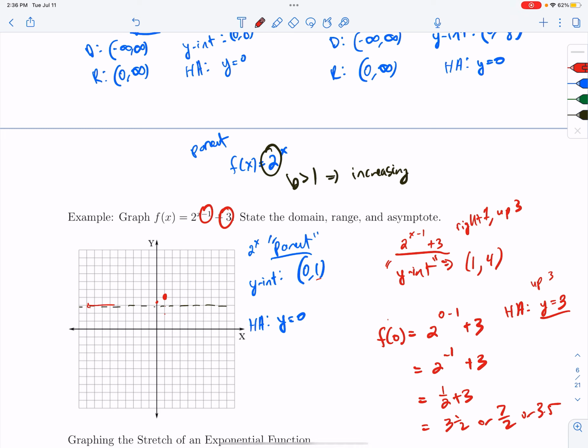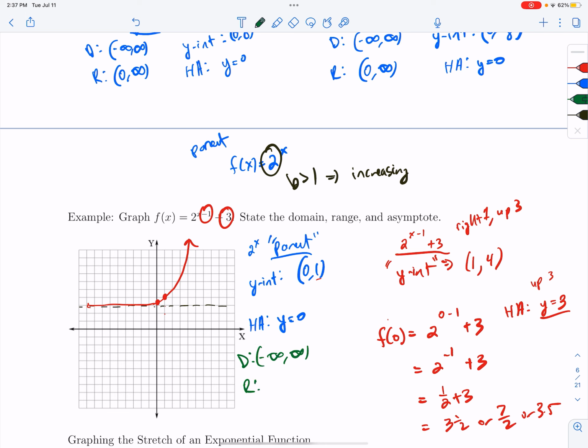So the graph is going to look something like that. Again, we don't need to be worried about being 100% precise. The idea is, can we represent all the shifts or transformations, and do we have the general shape of this correct? All right, so let's find the key points we want. The domain here, again, is all real numbers.